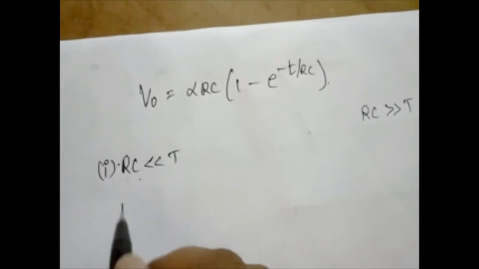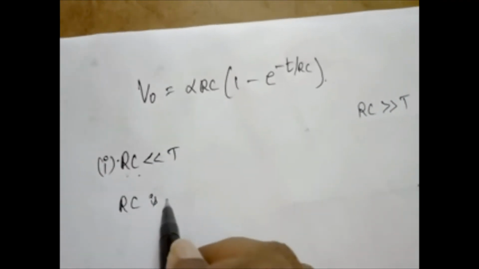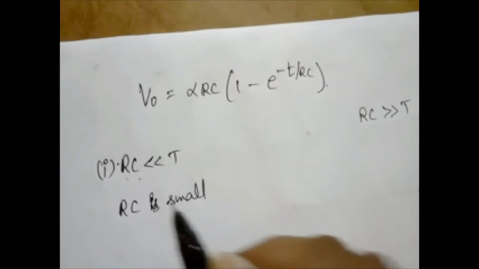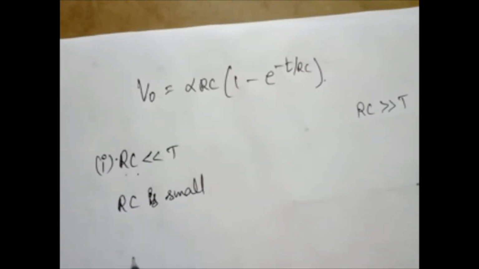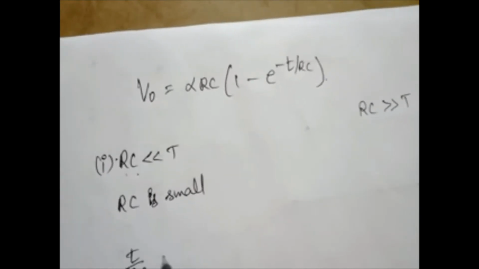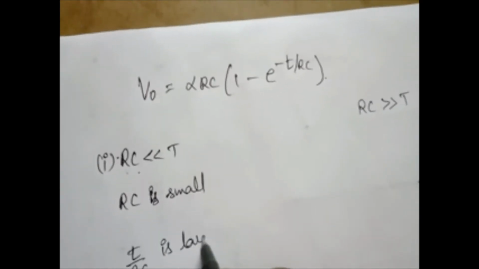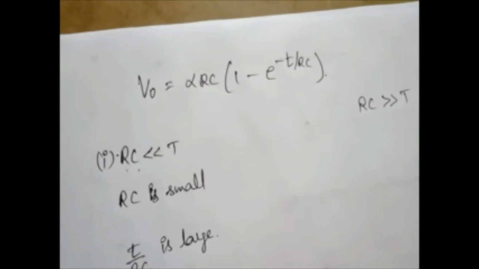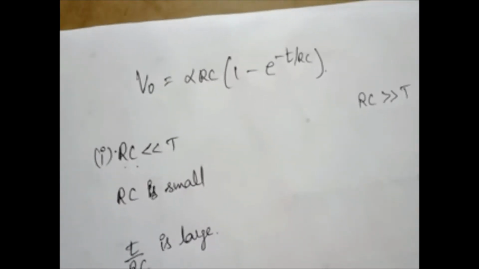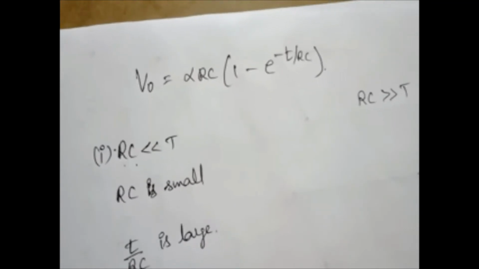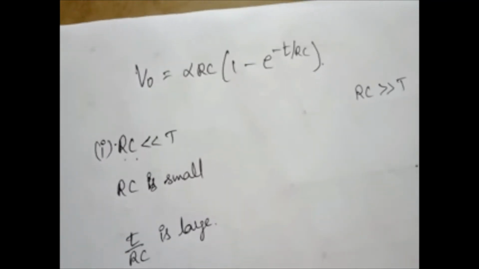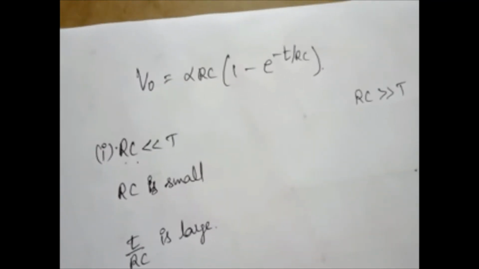Let us start with the equation. If RC value is small, then T by RC is large. If T by RC is large, e power minus T by RC becomes very small because of the minus sign, so it is negligible. As compared to 1, e power minus T by RC is very small.